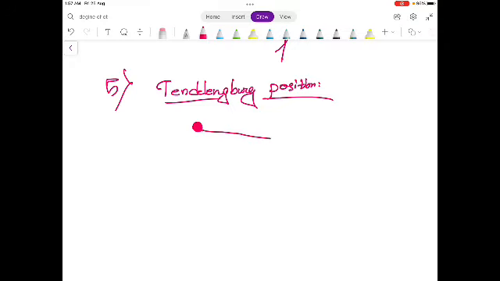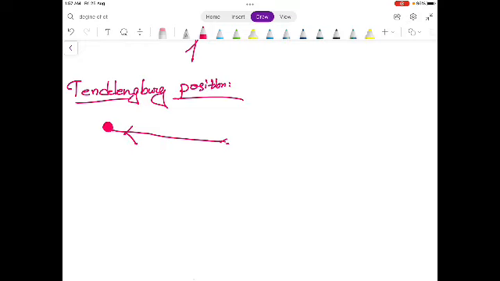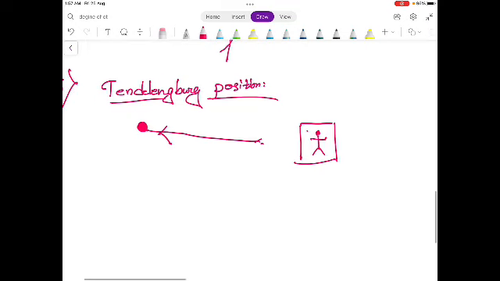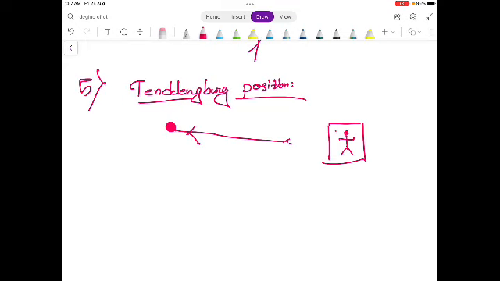Here is the patient head and this is his leg. We are seeing vertically, not longitudinally. He should remain the same as supine longitudinally. You can't see any change from the supine position in the Trendelenburg position.